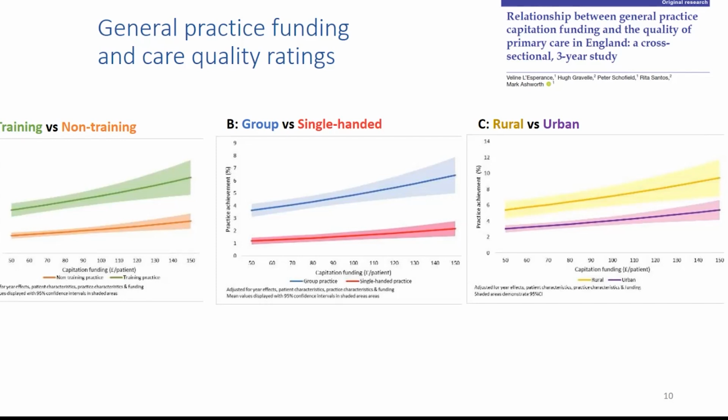In A, we see that training practices are more likely to have higher ratings and higher funding than non-training practices. The same for group practices, which are more likely to achieve an outstanding rating compared to single-handed practices. And then the same for rural versus urban as well, and that's at each level of funding.